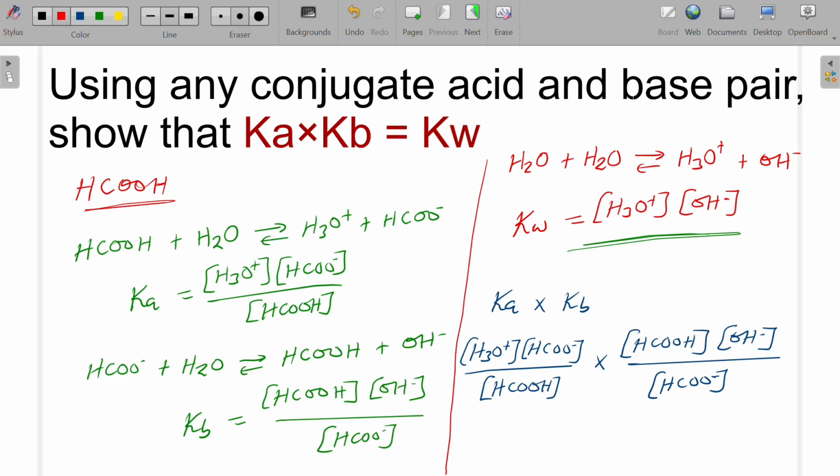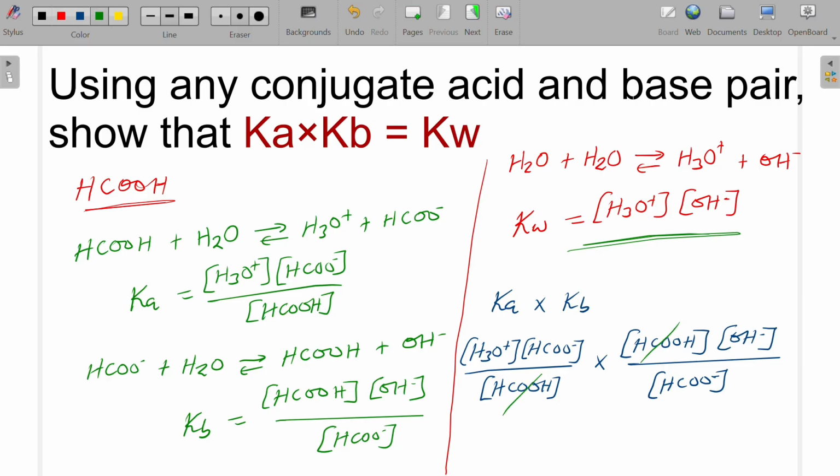Well, after doing that, we can see that this part that we have here and that part that we have there are the same. This part here and this part here are the same. So the conjugate base here and the conjugate base there are the same. We have the acid here and the acid there, also the same.